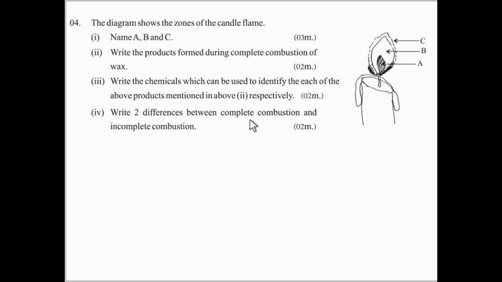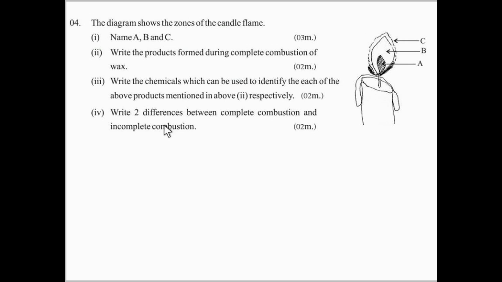Complete combustion is better than the incomplete combustion. In the complete combustion, we cannot see any color of combustion. That's colorless. But in incomplete combustion, we can see dark color or black color smoke.